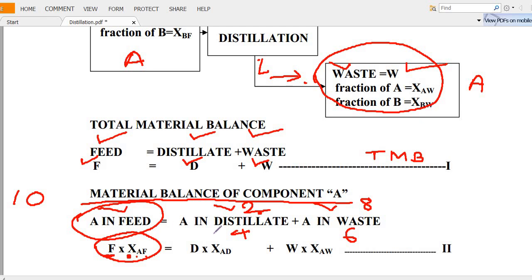Okay. So this is equal to D into XAD, where D is the amount of distillate and XAD means fraction of A in distillate, plus W into XAW, where W is amount of waste and XAW means fraction of A in waste.